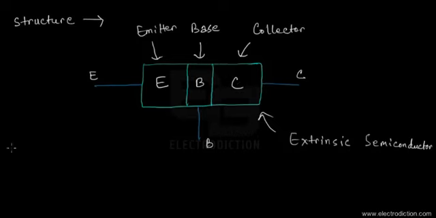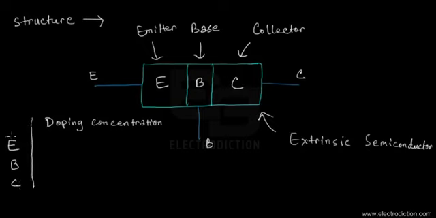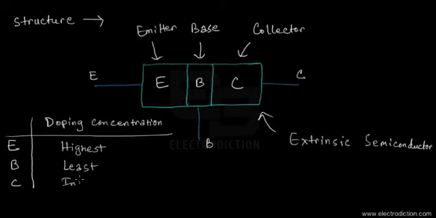Now let me tell you that the doping concentration in the emitter is comparatively the highest of all the three sections. If I write down the doping concentration and the different parts of this transistor, that's the emitter, the base and the collector, and put it all in a box, we'll see that the doping concentration for the emitter will be the highest, for the base will be the least, and for the collector it'll be intermediate.